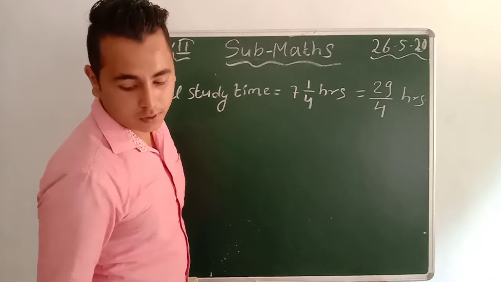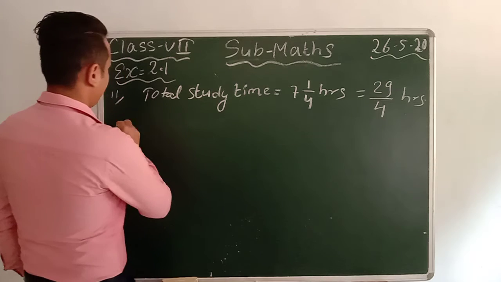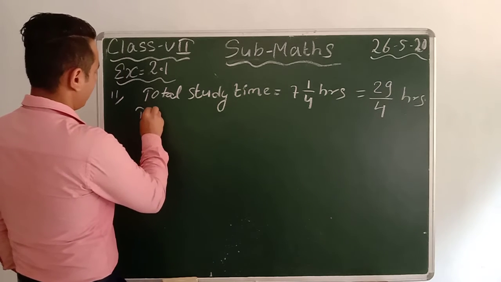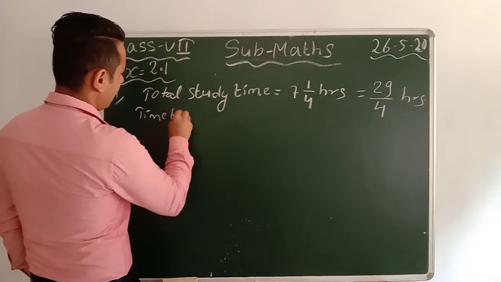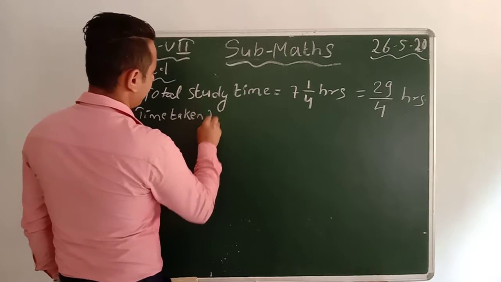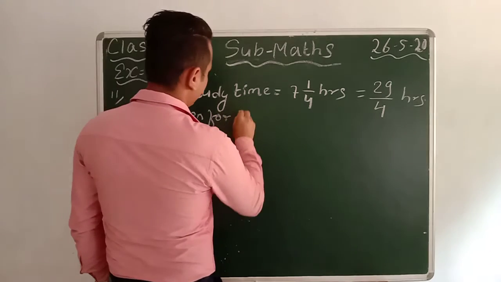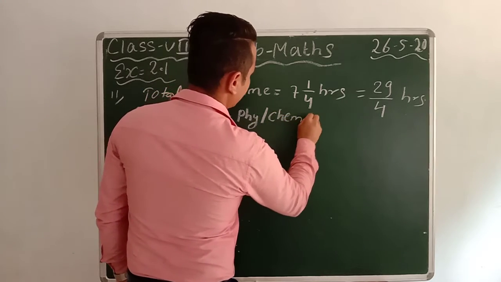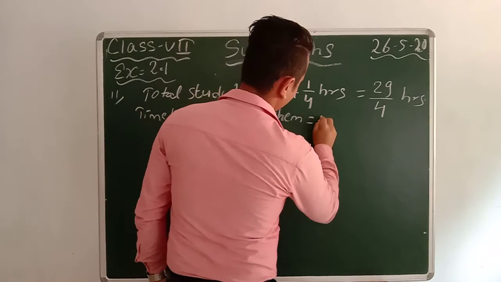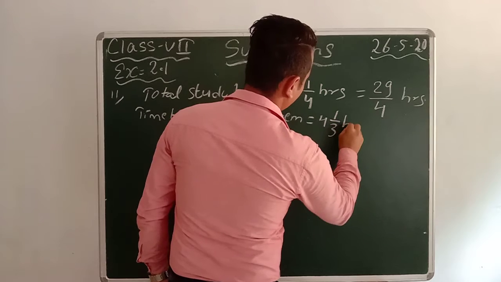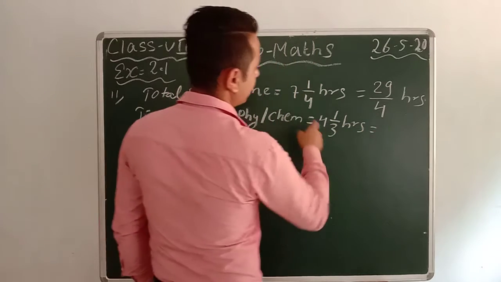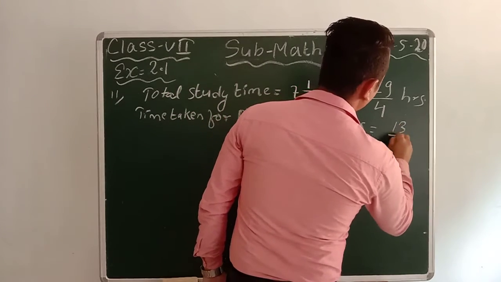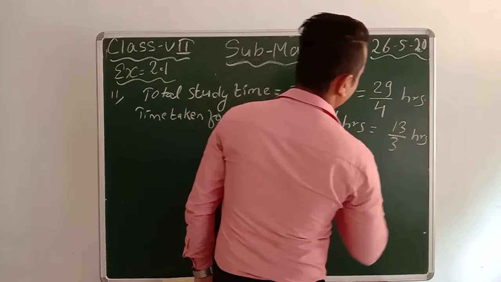Now what it's saying again, he devotes 4 1 by 3 hours of his total study time for physics and chemistry. So time taken for physics and chemistry is 4 1 by 3 hours, which gives you 13 by 3 hours.